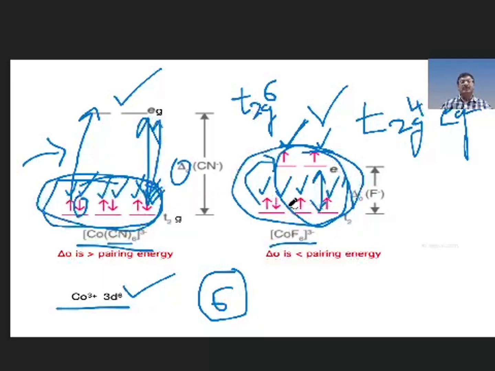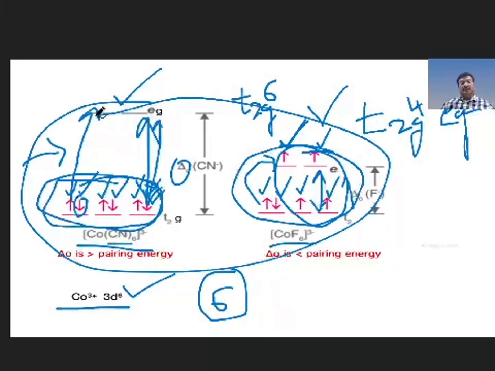That's why they have different colors also. That means according to this, we can find out whether it is diamagnetic or paramagnetic or ferromagnetic, and what type of wavelength is absorbed by that compound. According to that, we can know the color of that compound.